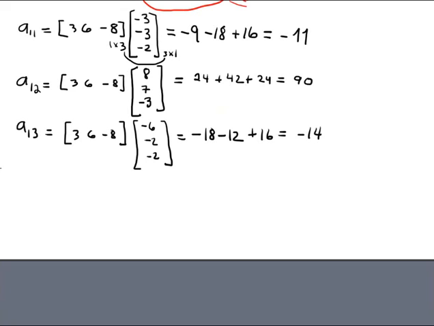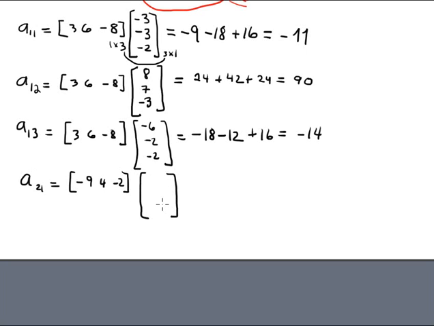Now A21. In this case, row 2 of the first matrix is negative 9, 4 and negative 2, multiplied by the first column.